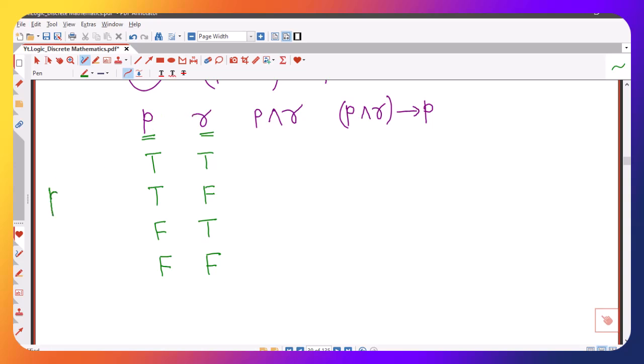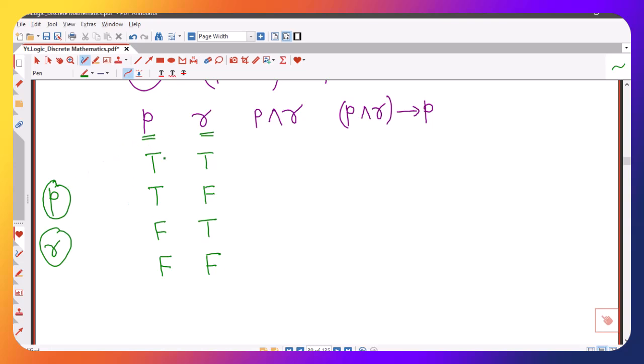Here we emphasize that this P and R are not statements, but statement variables, because we are not having any particular statement here. We are using P and R as general statements, therefore they are called statement variables, propositional formulas or statement formulas.